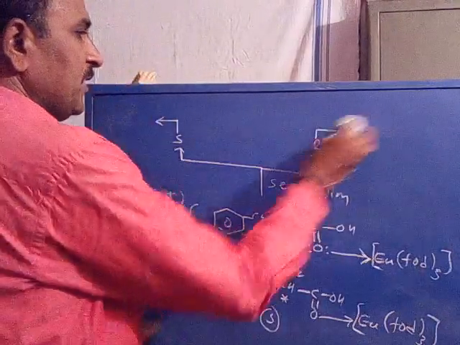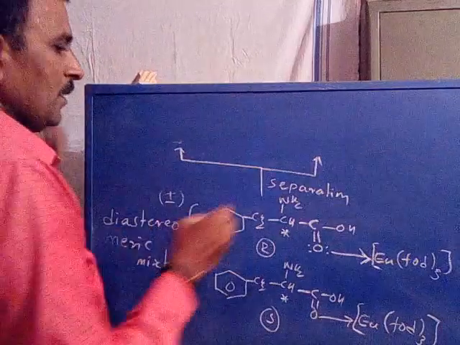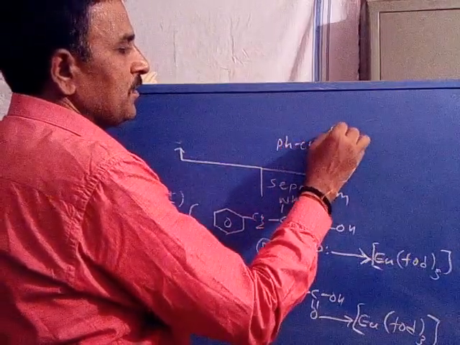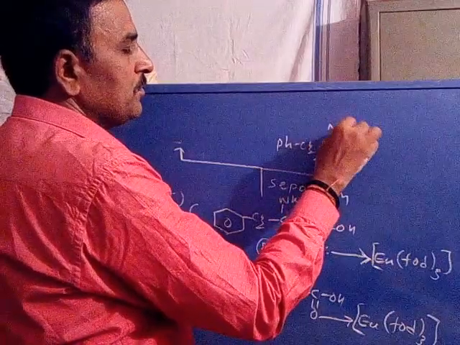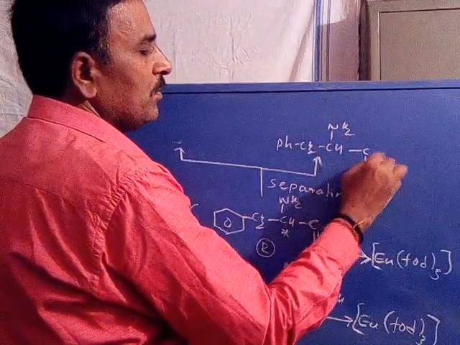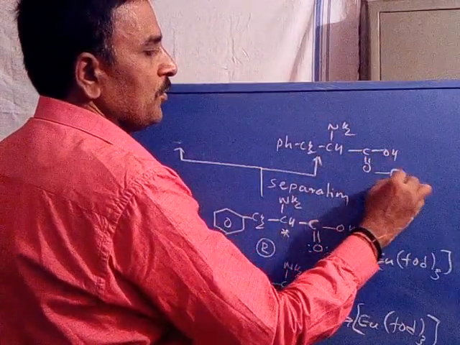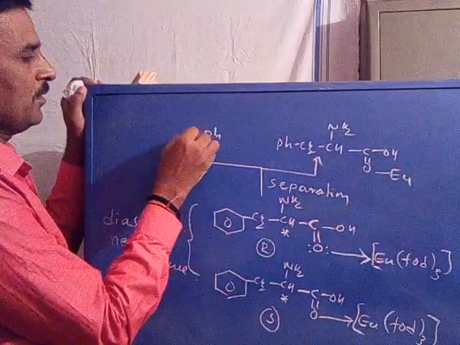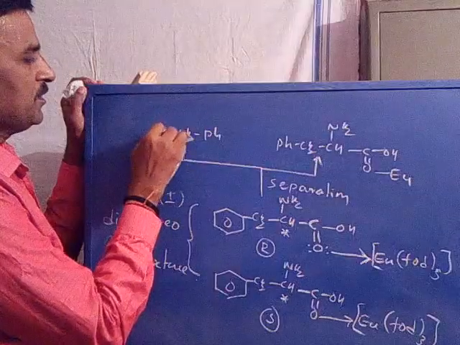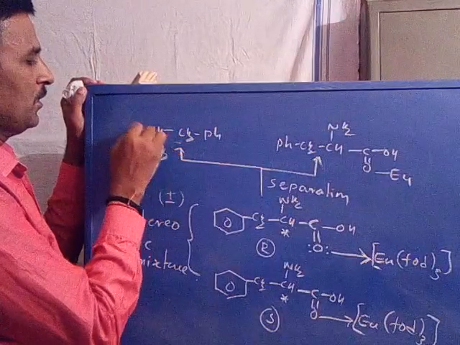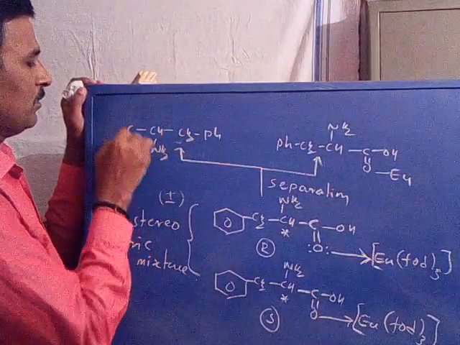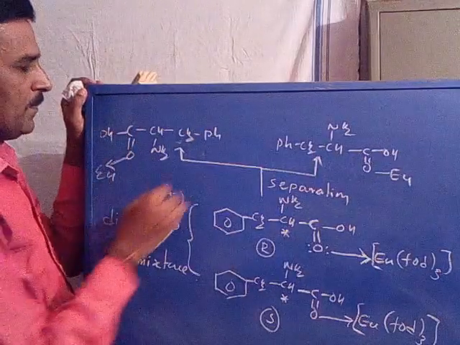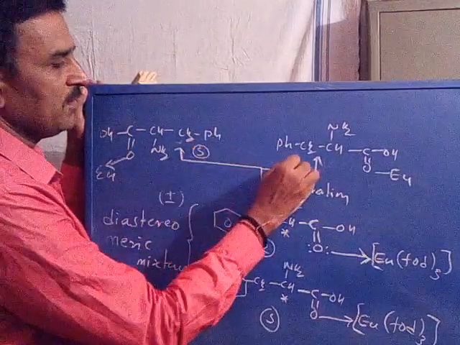After their separation, say CH CH2 CH NH2 C double bond O OH europium. Say this is the S isomer, this is the R isomer.